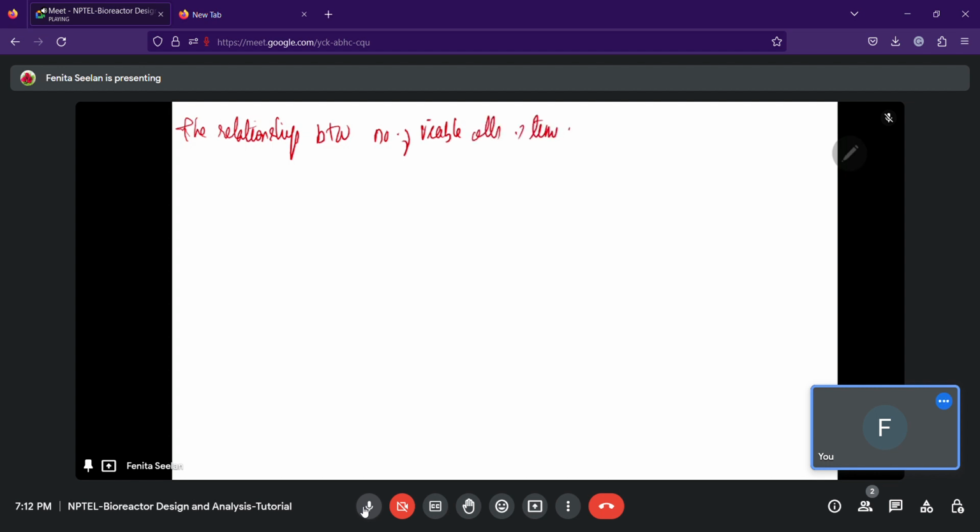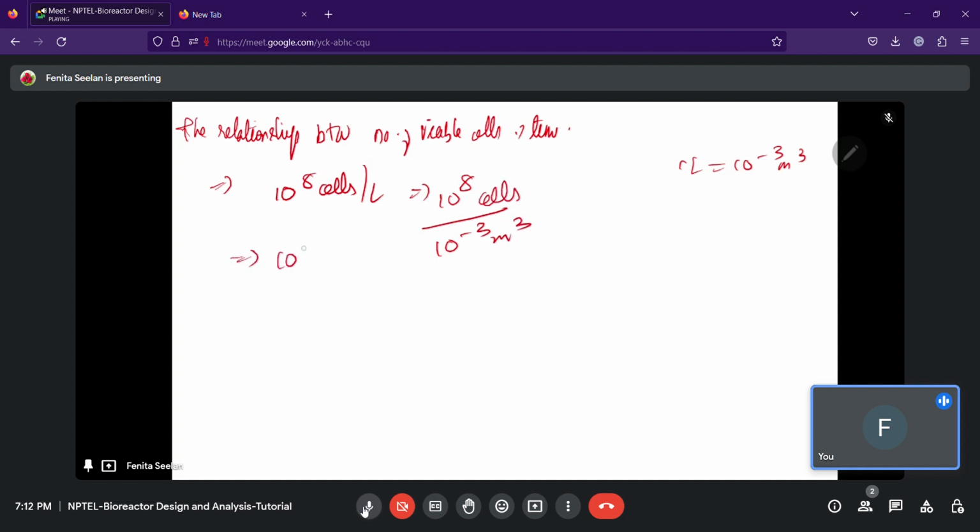The number of viable cells is 10 power of 8 cells per liter. 1 liter is 10 power of minus 3 meter cube, right? So 10 power of 8 divided by 10 power of minus 3 gives 10 power of 11 cells per meter cube. So this is your N naught. And your N, which is the probability, is considered as 10 power of minus 3.